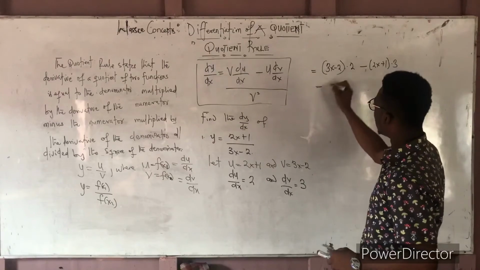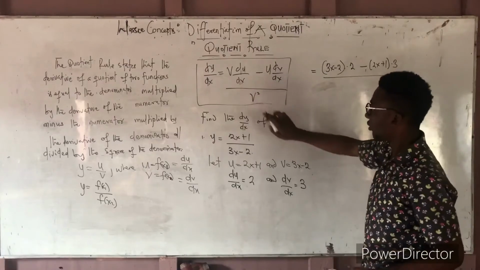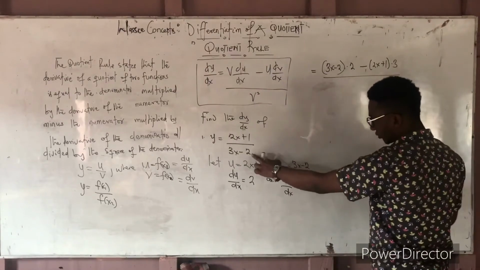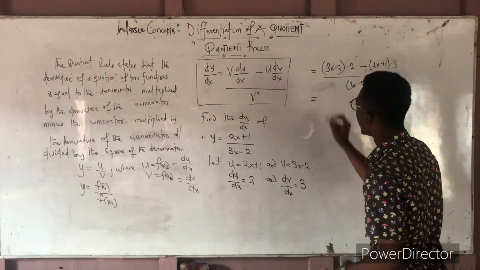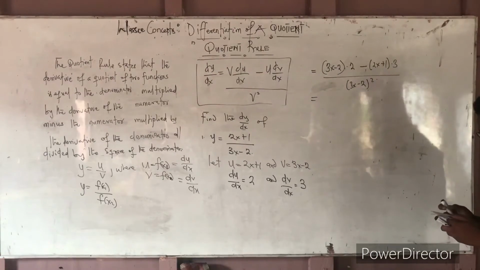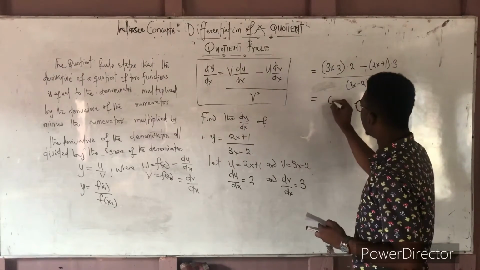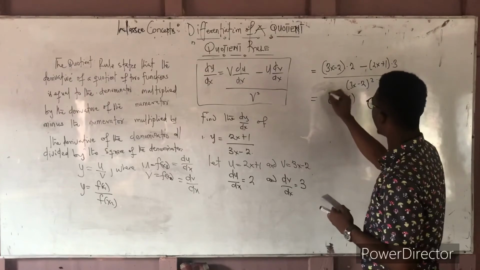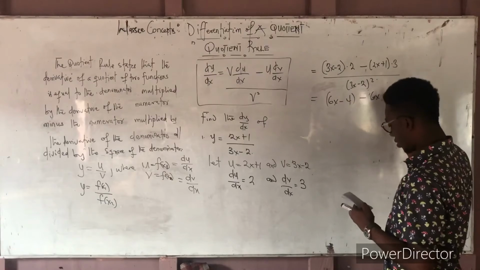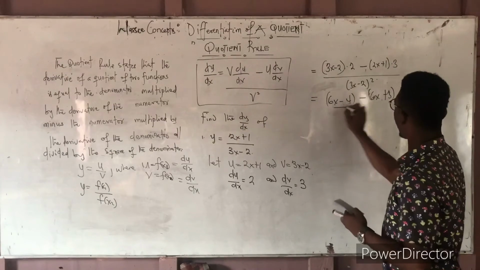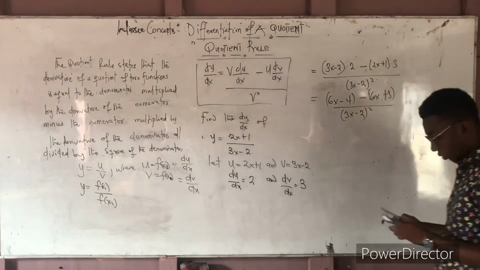Now when you do this, all divided by the square of the denominator, 3x minus 2 all squared, you are getting 6x minus 4 minus 6x plus 3, all divided by 3x minus 2 all squared.